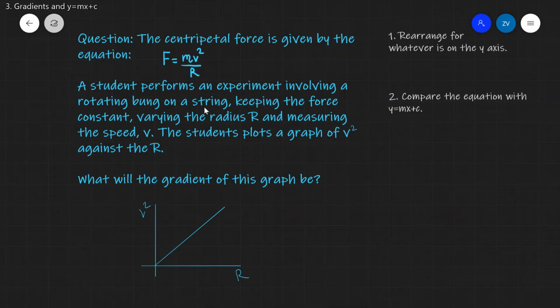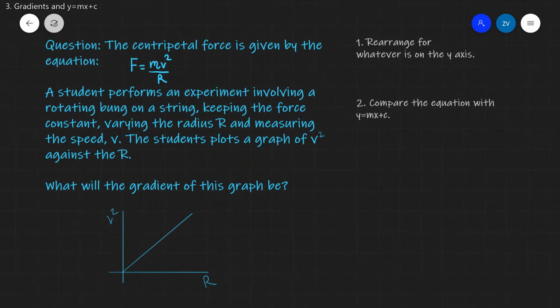So a student performs that experiment involving a rotating bung on a string, keeping the force constant, varying the radius, and measuring the speed. The student plots a graph of v squared against r. What would the gradient of this graph be? So our first step would be to rearrange for whatever is on the y-axis. So for instance, here we have v squared on the y-axis, so I'm just going to rearrange this equation for v squared.